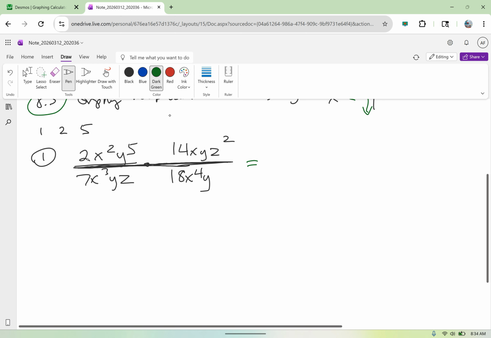And let's cancel top to bottom and write the result to the side. So the 2 and the 18 cancel, leaving a 9 at the bottom. The 7 and the 14 cancel, leaving a 2 at the top. At the top, I have 3 x's. At the bottom, I have 7. Oh, so that's going to cancel against this, leaving x to the 4th at the bottom.